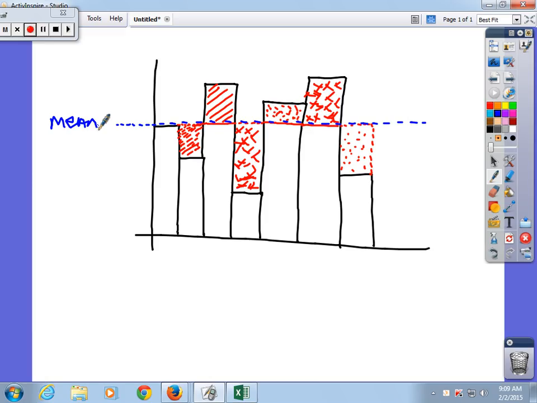The mean is the number that represents no variation. So is it important? Yes, it is the center, because that's the best measure of center, because it is actually this line right here that has no variation.